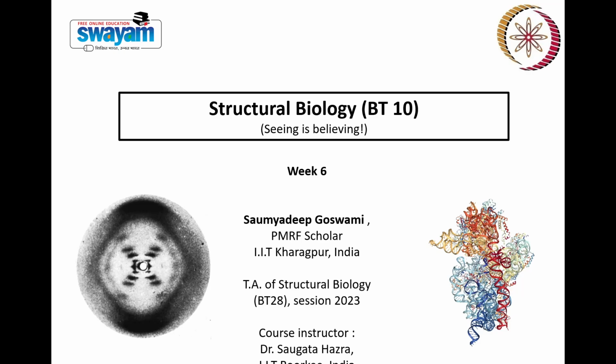And then we also talked about the three different experimental techniques, mostly used nowadays, to determine the three-dimensional structure of a protein or any complex at higher resolutions. Those are X-ray, NMR, and cryo-EM.